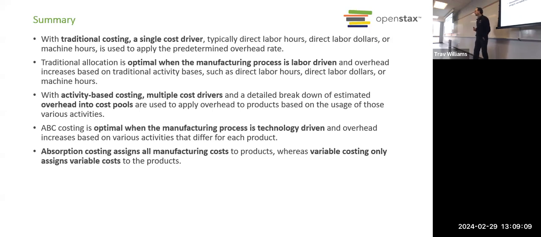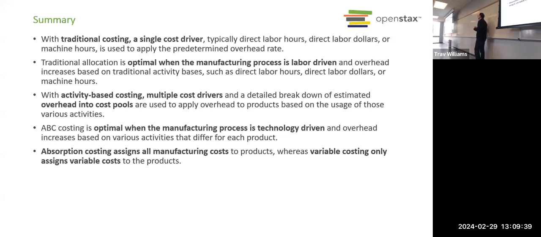Again, the way we do it, normally with the traditional method, you have to estimate your overhead for the entire year, right? And you divide that by whatever activity. Traditionally, well, what are the 3 options for traditional costing or your overhead? Machine hours, and well, direct labor has 2 flavors. There's the hours and there's the cost, and then there's machine hours.